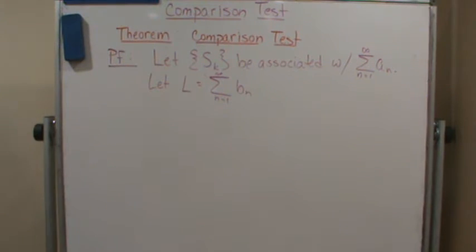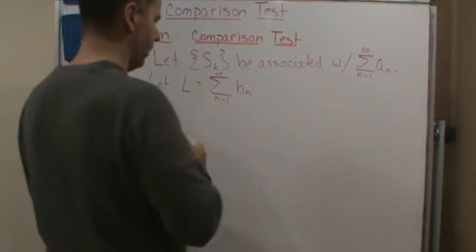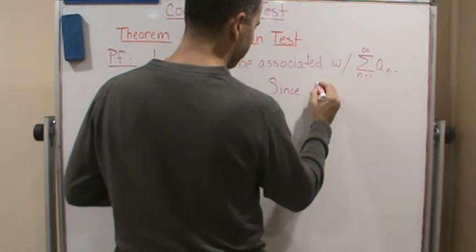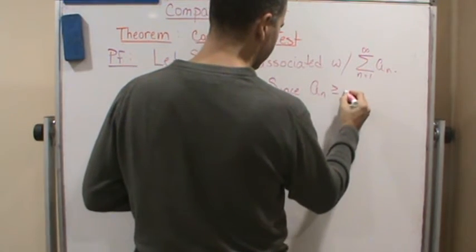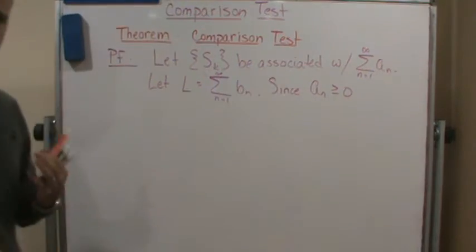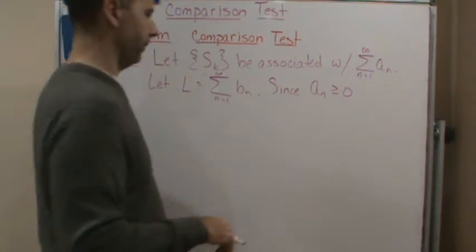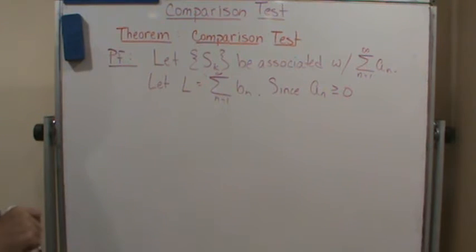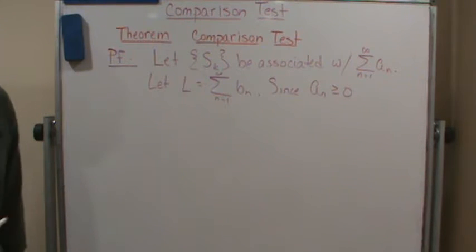Okay, so now, where do we go from here? Well, since the terms of a sub n are positive, let's start with that. Since a sub n is greater than or equal to 0, they're obviously non-negative. Since this is true, what does that give us?